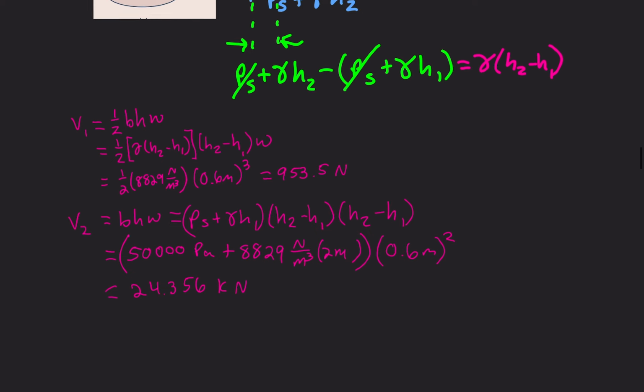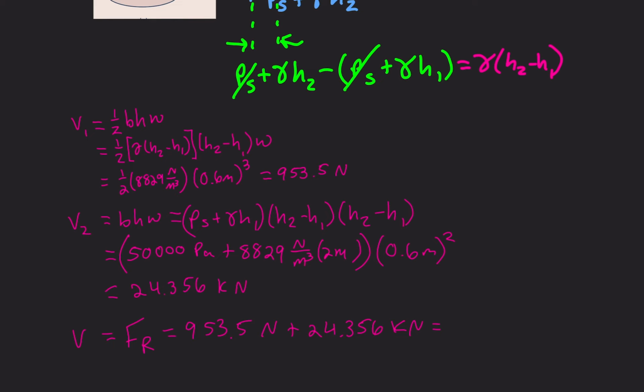Okay. So now we know the volume of our pressure prism is equal to our resultant force equals 953.5 plus, well, forgot my units. That's newtons plus 24.356 kilonewtons.